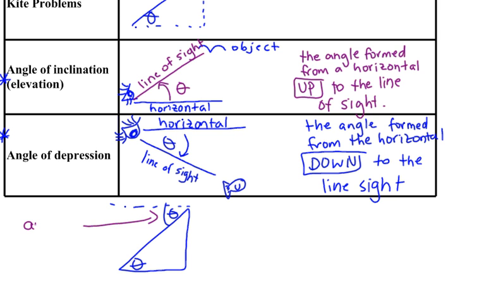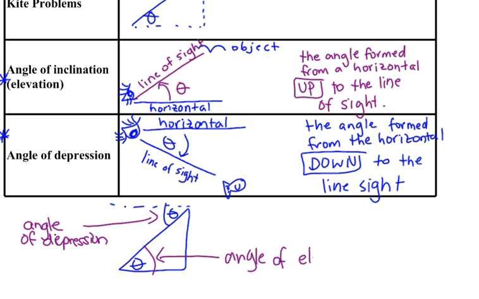That's the angle of depression because it has to start from a horizontal and go down. And then this is the angle of elevation.